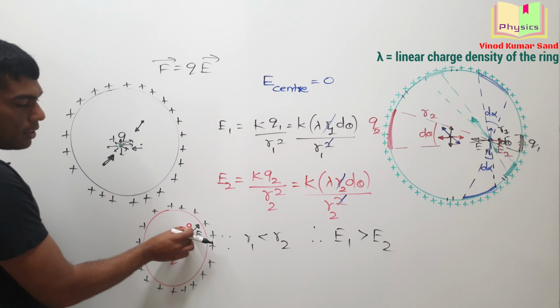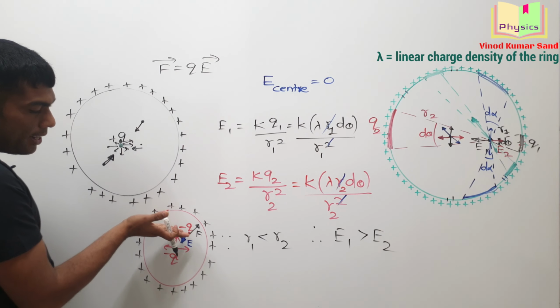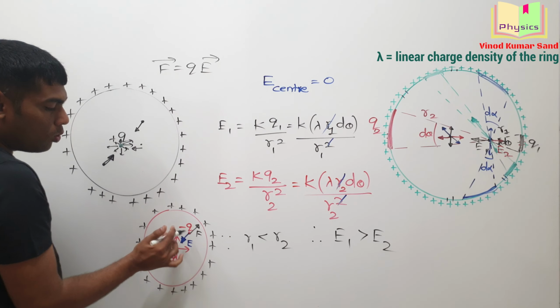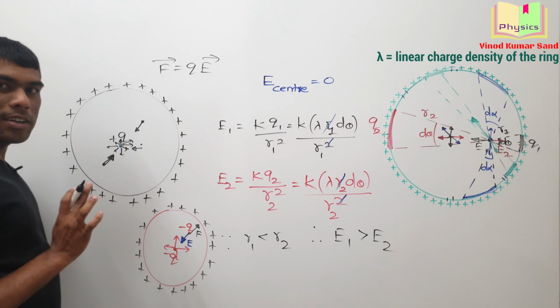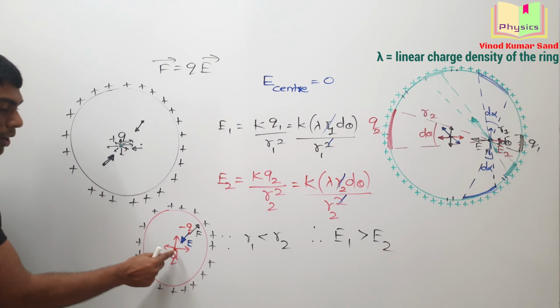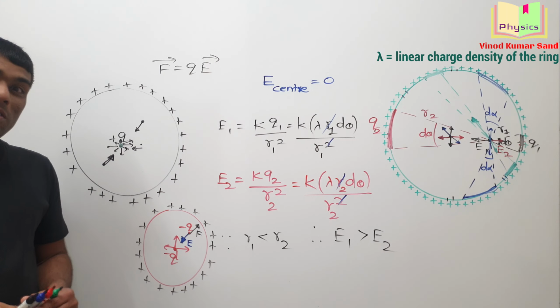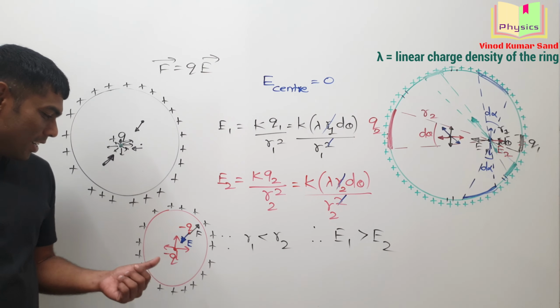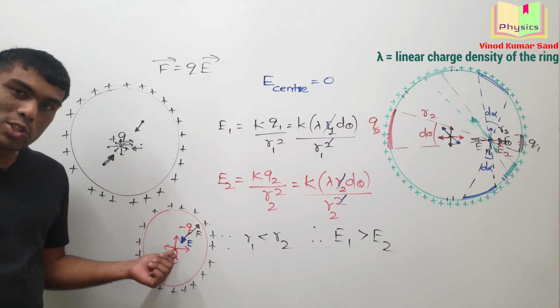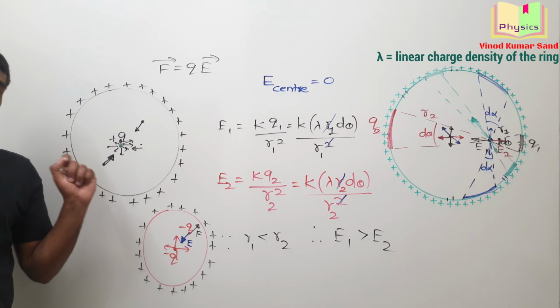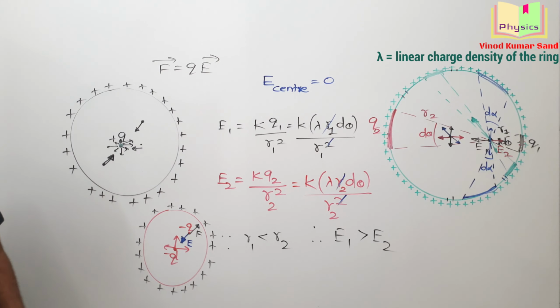So if this minus q is released here, it experiences a net force toward the periphery of the ring. So it will keep on moving and it will hit the ring. So the equilibrium of this minus q at the center has the nature of instability. Got it? This is the unstable equilibrium. This charge at the center is in the stable equilibrium. You may note it down.